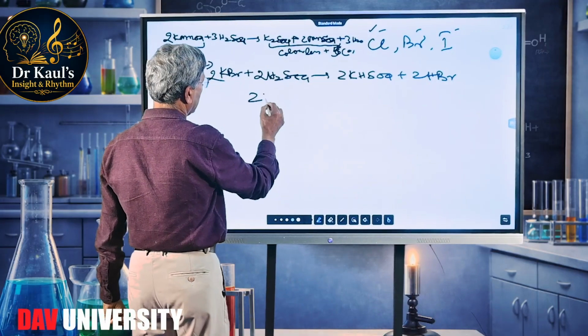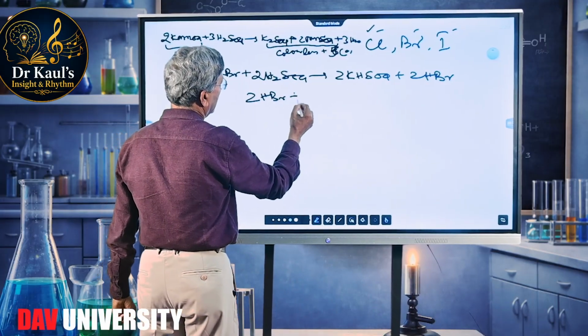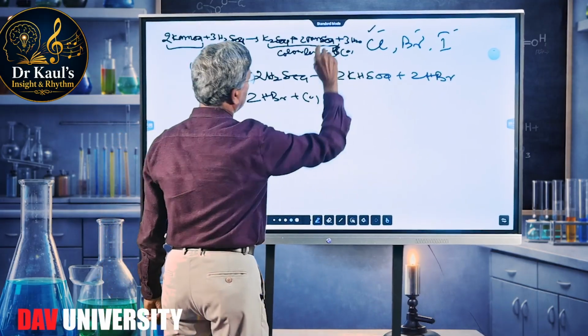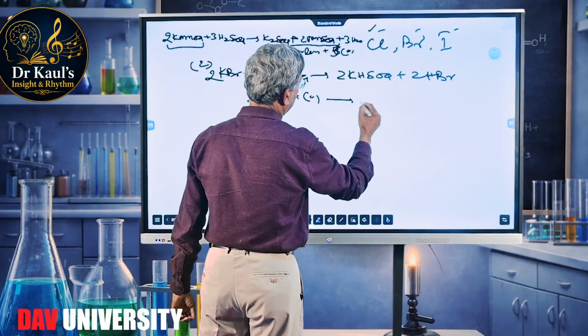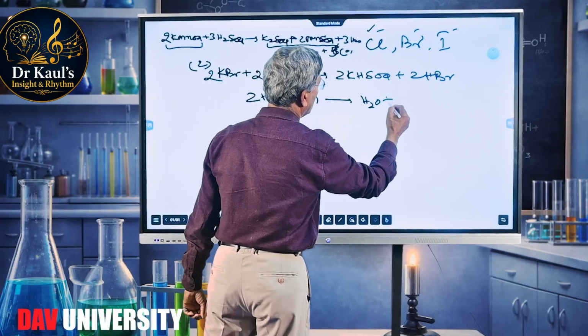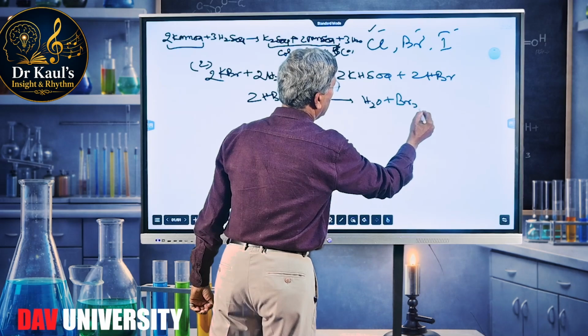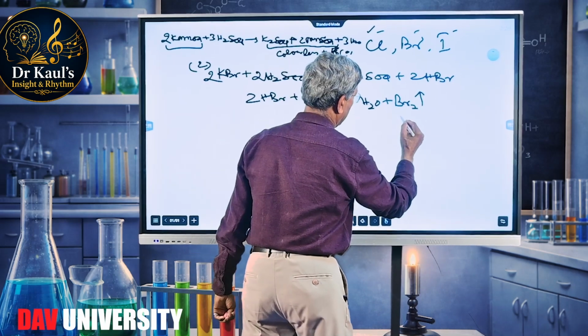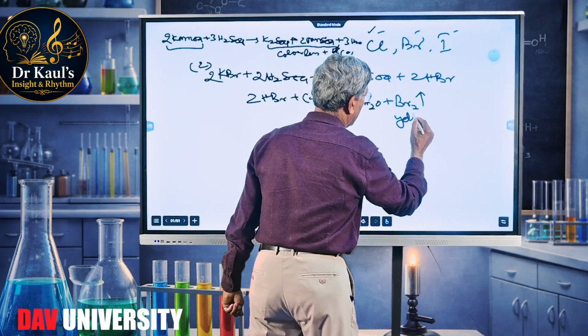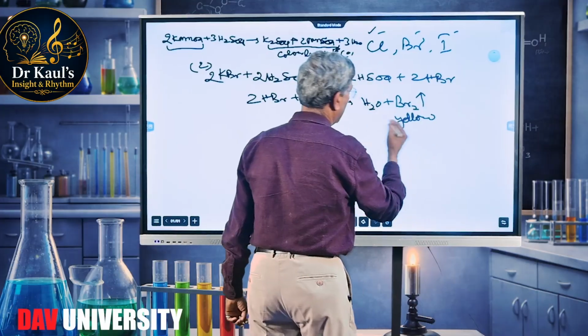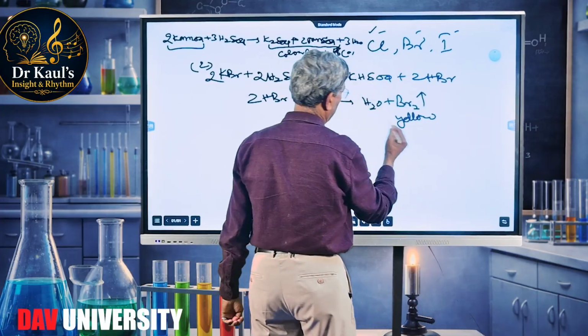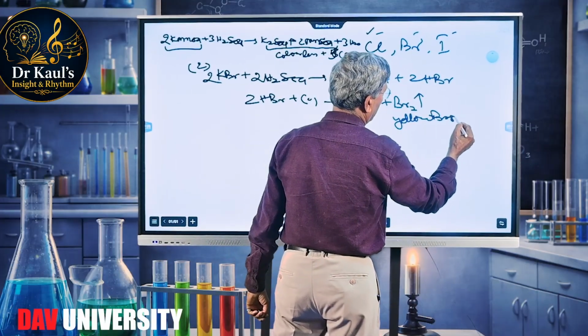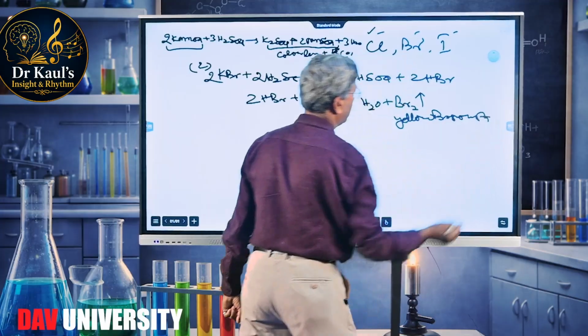This HBr consumes the nascent oxygen and gets oxidized to bromine, a yellow brownish gas.